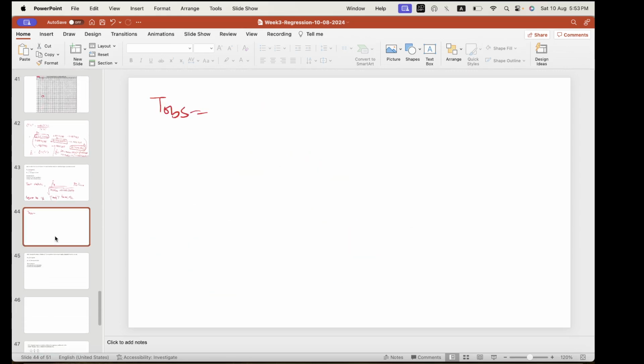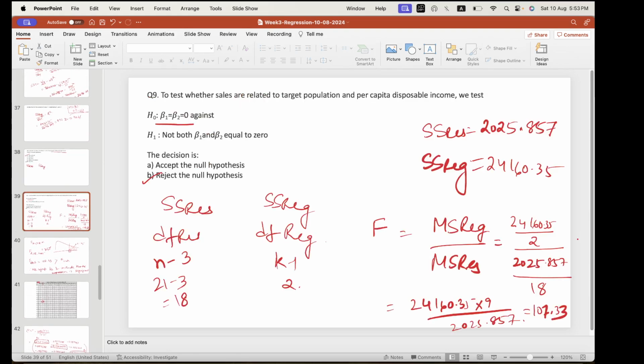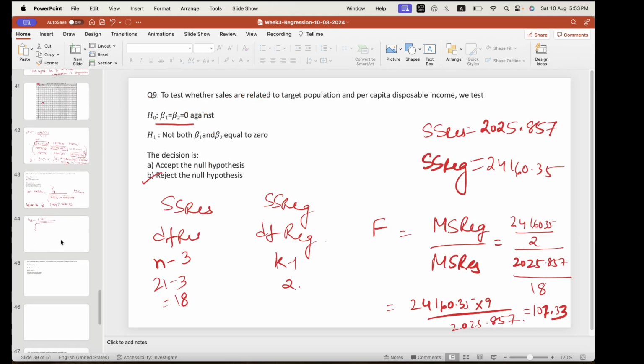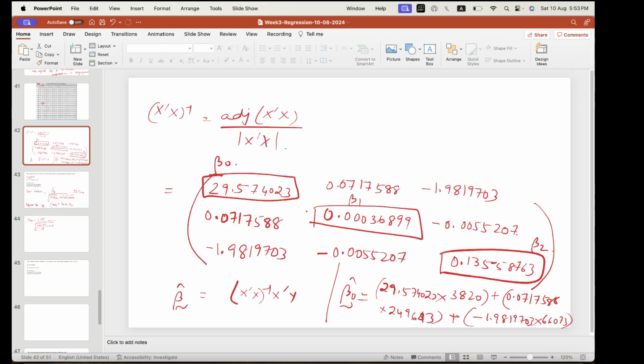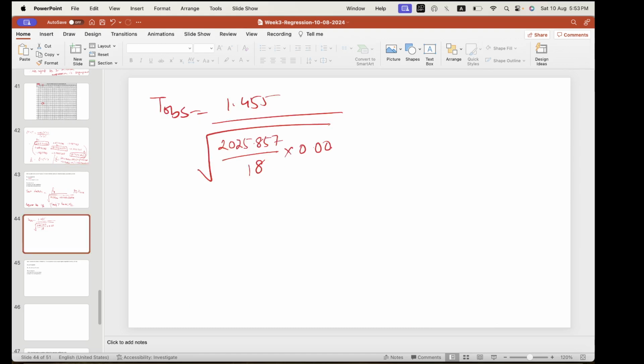So this would be 1.455 divided by root over MS residual, which we calculated as 2025.857 by 18, into 0.000036899.